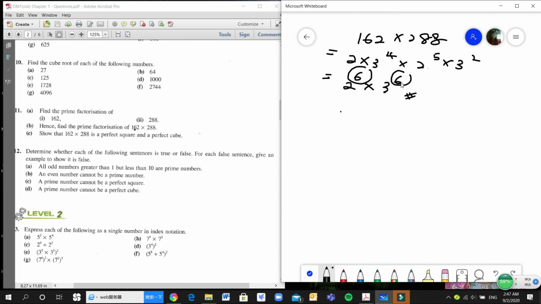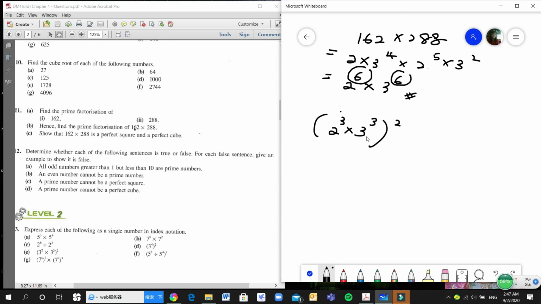The 3 to the power of 6 is also an even number. If I want to make it a perfect square, can I do something like that? It is a square number, right?